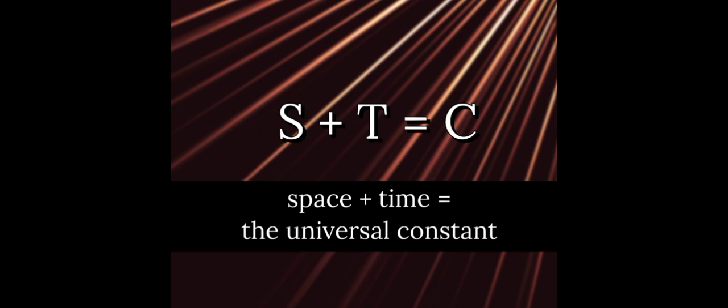And so here's the equation: s for space plus t for time equals c. So if you're going the maximum through space, you don't have any left for time. Any time that you experience would necessarily take away from space. And the reverse is true also.